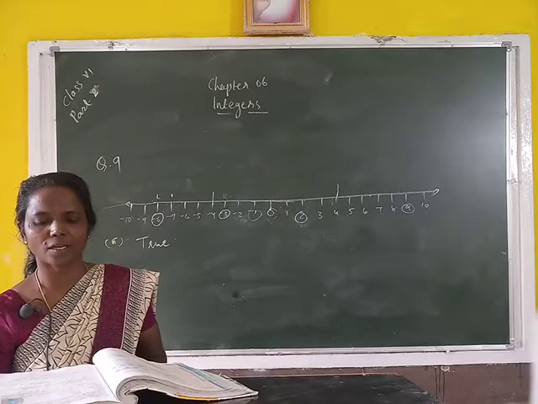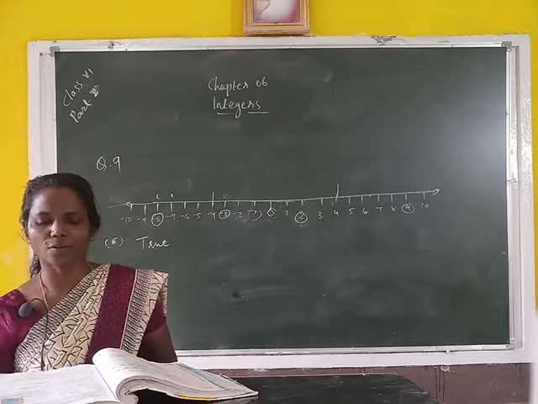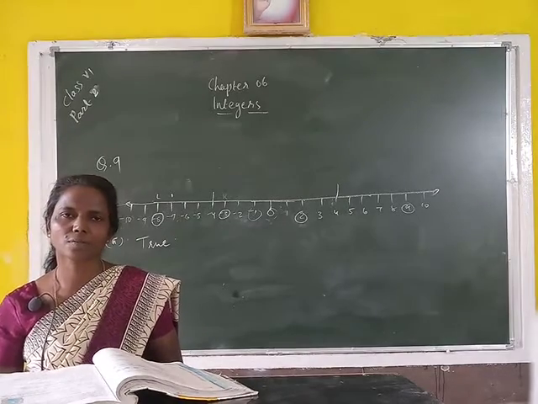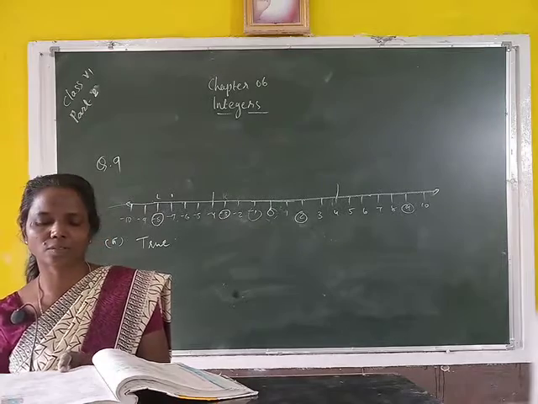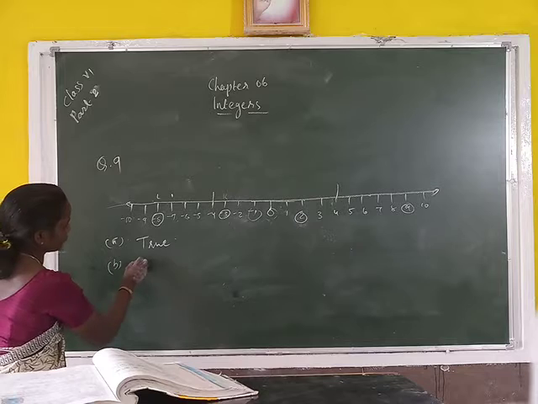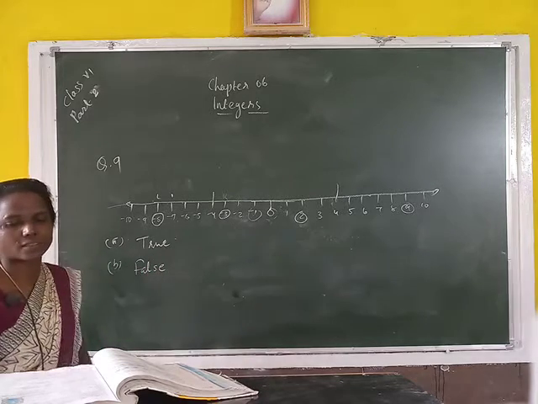Negative 100 is to the right of negative 50 on a number line. Is it true? Negative 100 is to the right of negative 50. This is false. Then what is its correct answer?